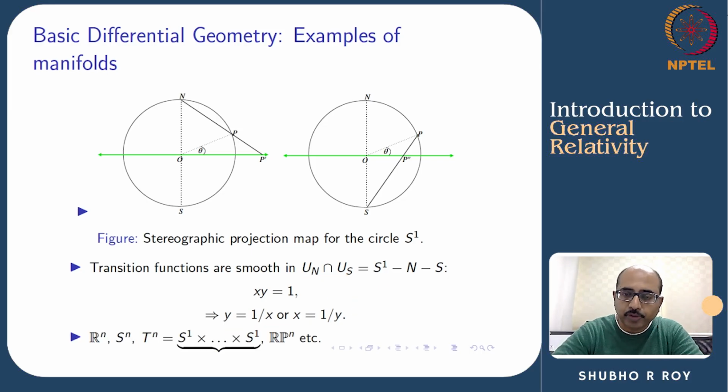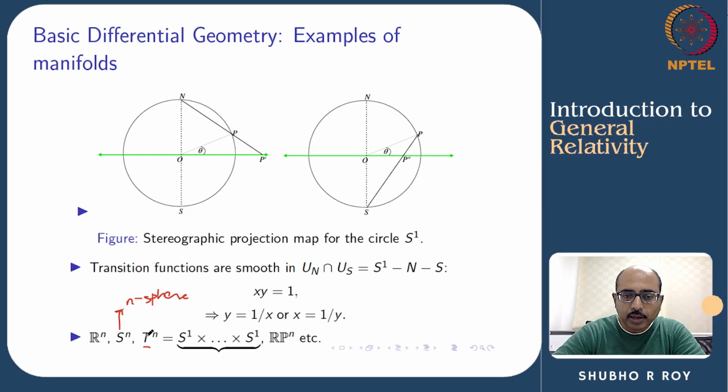Apart from these two examples, Rn and S1, there are other manifolds which are very common. For example, the n-dimensional Euclidean space. Again, it's a trivial manifold, as I mentioned. You can have the n-dimensional unit sphere, the n-sphere. And then you can have Tn, which is the n torus, which is a Cartesian product of n copies of the unit circle.